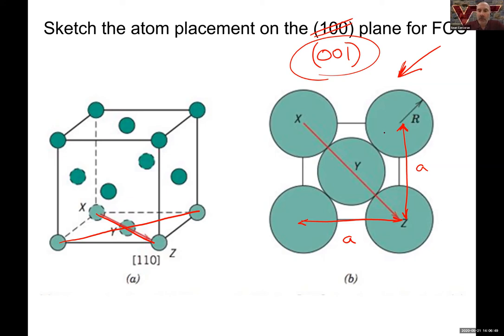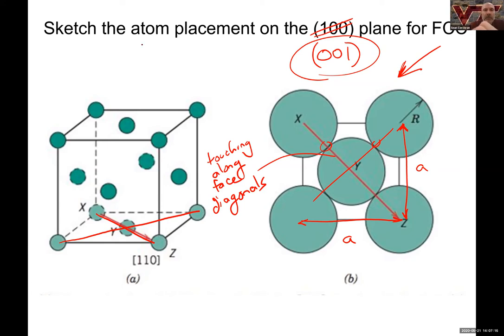I also could draw in the directions that the atoms are touching, and label touching along face diagonals. Now everything's clear, and I know that was your intent. So that would be our 0, 0, 1 plane for the face-centered cubic.